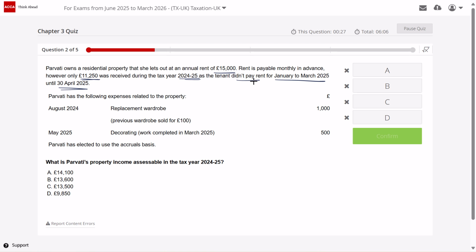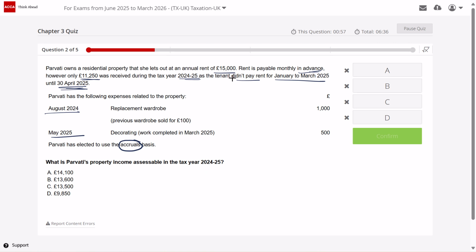So he did pay rent, but it was received on 30th April 2025 instead of in advance. Parvati has the following expenses related to the property in August 2024 and in May 2025: replacement wardrobe and decorating. Parvati has elected to use accruals basis. See, the question has specifically said to use accruals basis, so I will use accruals basis. What is Parvati's property income assessable in the tax year 24-25?